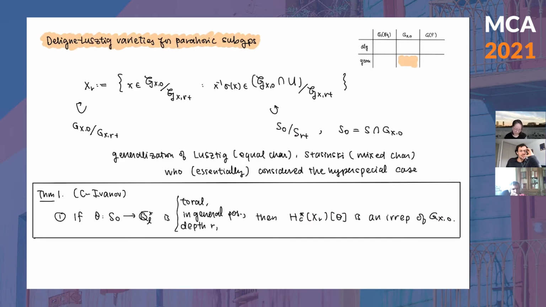Okay. And so the purpose of this is that our goal is to replace step 1 in our 3-step recipe from X0 to XR. And so what we need to know then is that after I do my 3-step recipe, I will actually end up with an irreducible representation and therefore a supercuspidal representation.